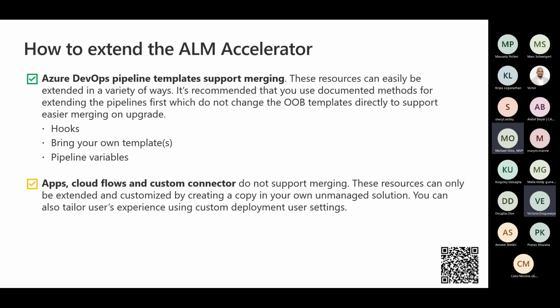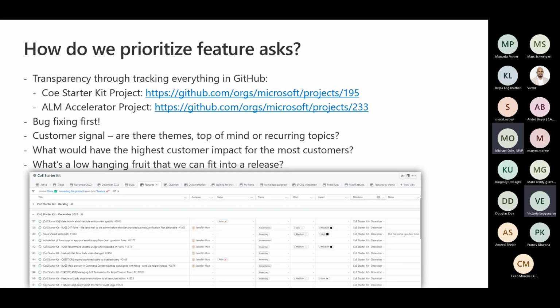Same warnings as the CoE starter kit. Apps, cloud flows, custom connectors can't be merged. So recommend not updating those unless you create a copy and then kind of take it on yourself to maintain that.